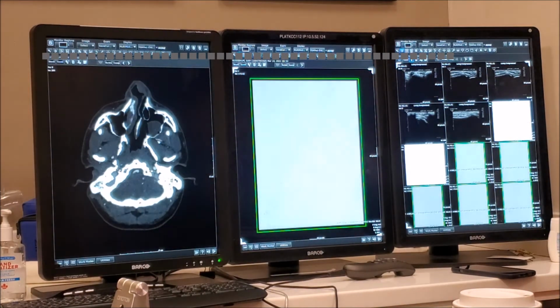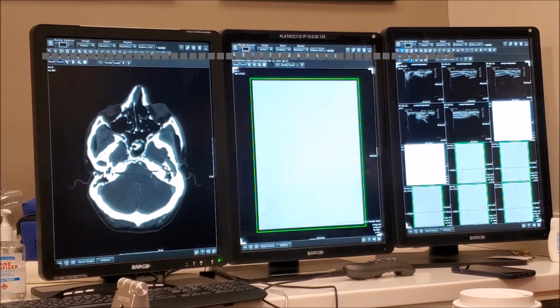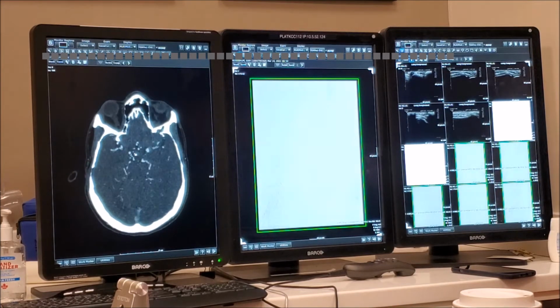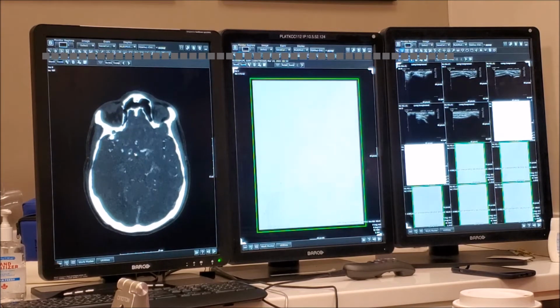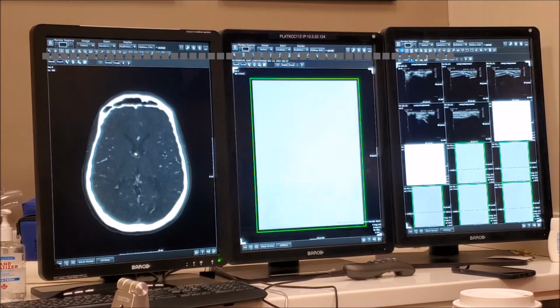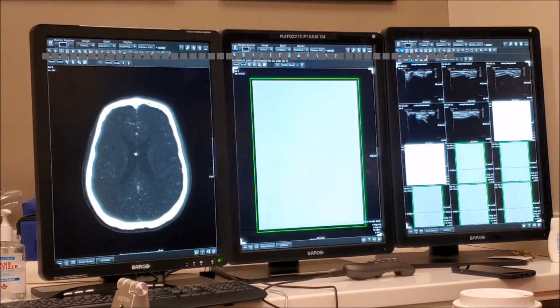So, and then higher up, there was this discussion of, and then you see a change in the ICA diameter in the cavernous segment. But there is a cavernous carotid, right? Yes. And then higher up in the right temporal, there was suspicion of AVM.